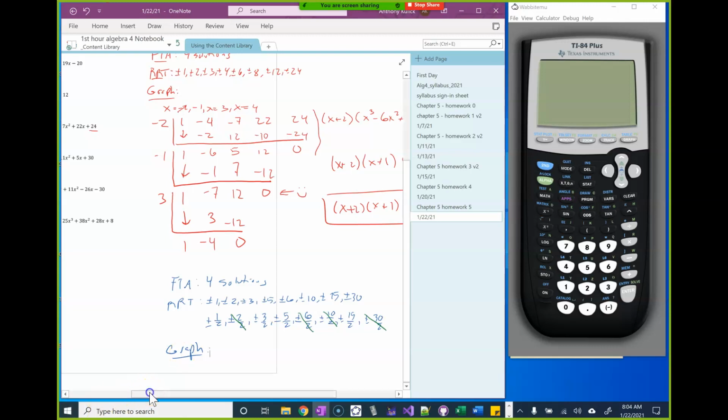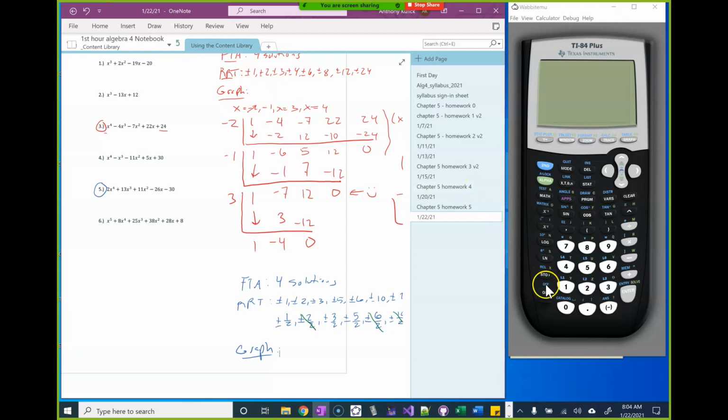So let's see. I've got to scroll over so I can see the problem there. I'll go back to the y equals, clear everything out, and then type in the polynomial exactly as I've written it. Squared minus 26x minus 30.